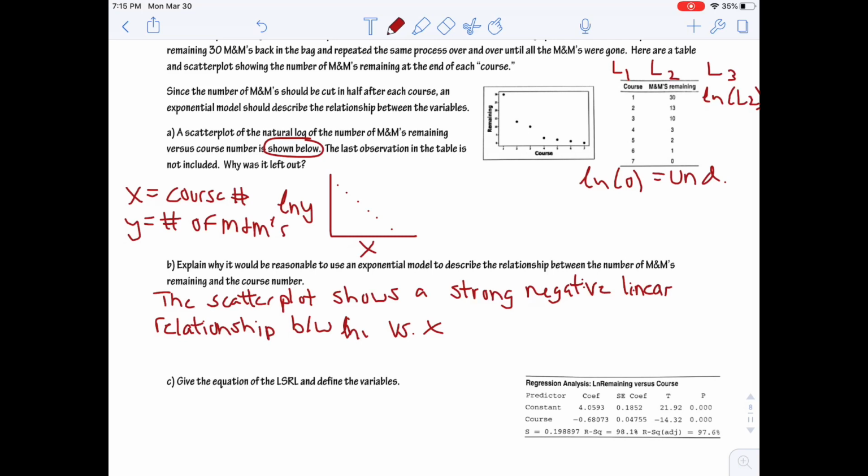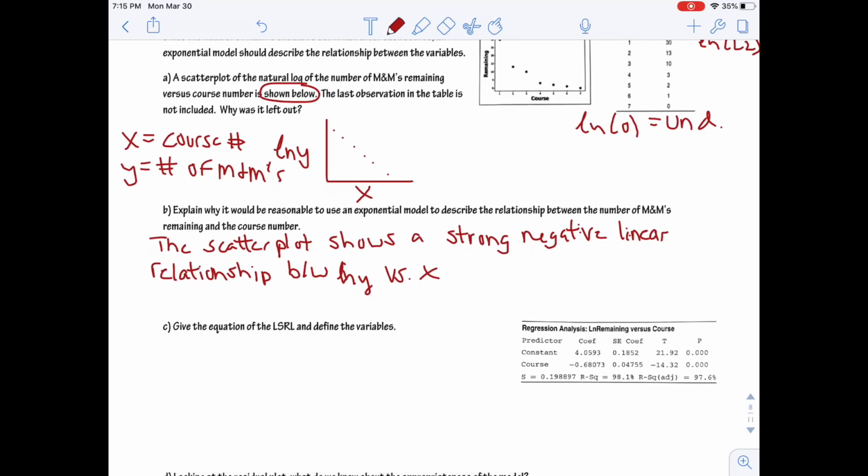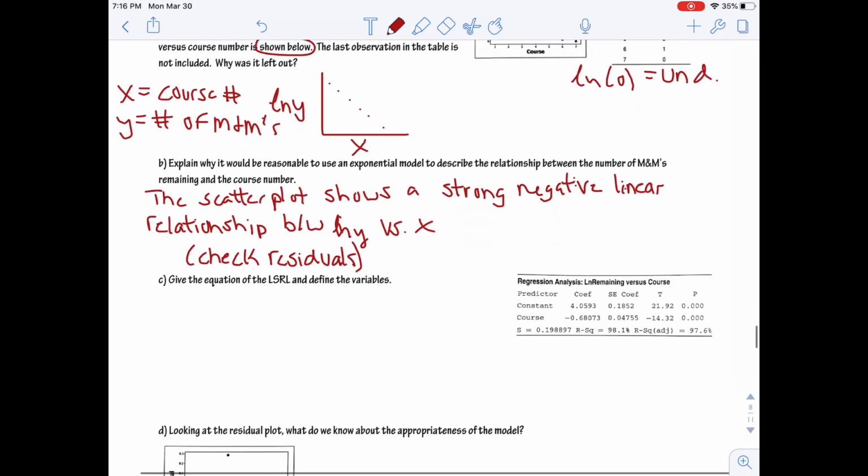Okay, so this is, again, a really good review for us for Chapter 3 as well. We look at the scatter plot, strong negative linear relationship. That's how we describe those. Okay, so that's why it's appropriate. Now, we would want to check residuals to make sure that everything is A-okay and good for us to move on.